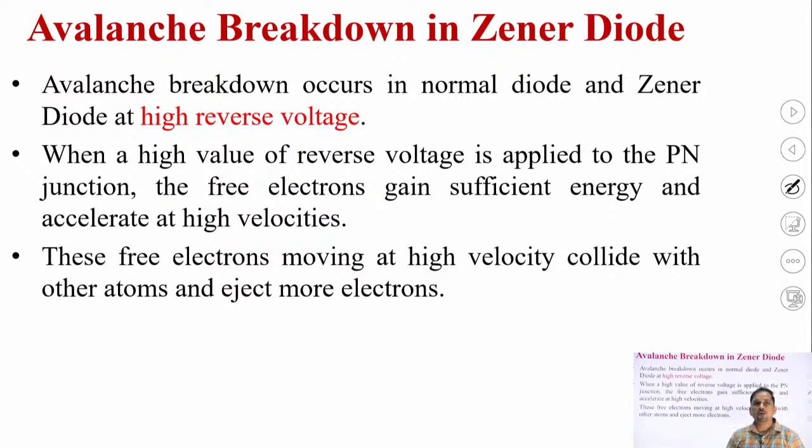As their velocity increases, the associated kinetic energy also increases. This high kinetic energy is responsible for the ejection of valence electrons, means the electrons available in the outermost shell.